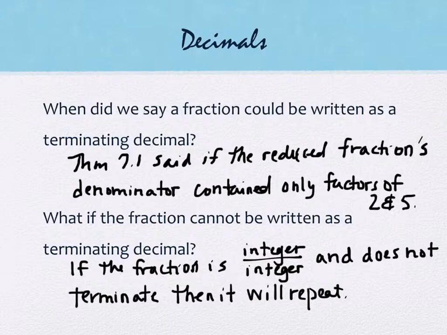So that's where this section is coming from. It's sort of the next step of what we did with decimals in section 7.1. This idea of being able to take something that's not terminating, but then express it in a different way.